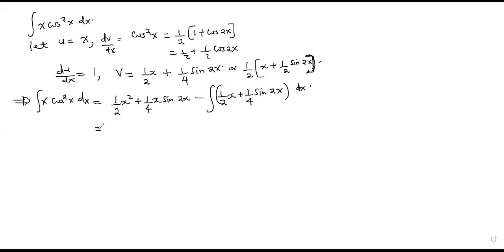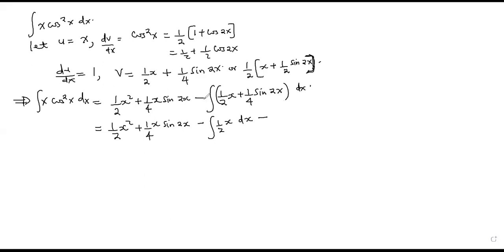So this is going to be equal to a half x squared plus a quarter x sine 2x minus, let's begin with minus, the integral of a half x dx.